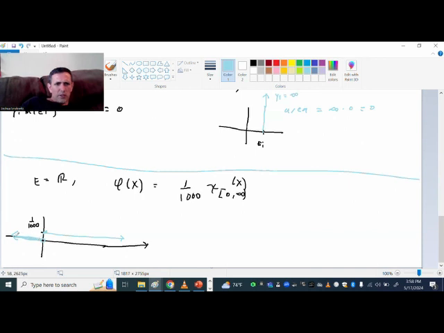So according to the definition, we have 0 times the measure of minus infinity to 0. So this is 0, but it's irrelevant.